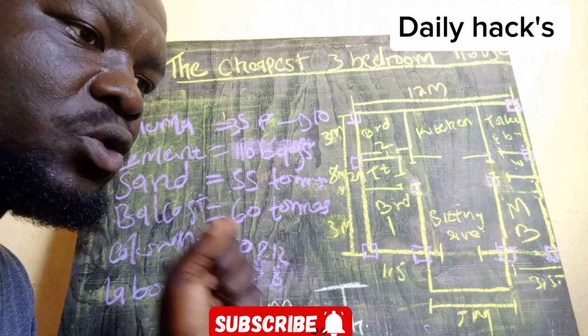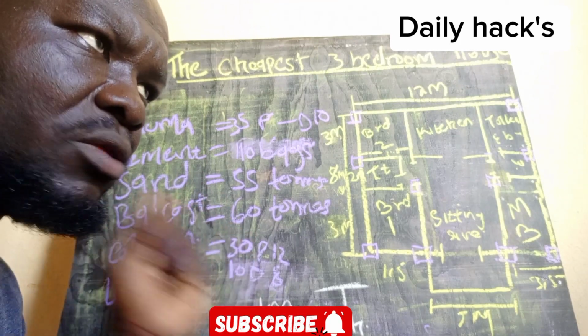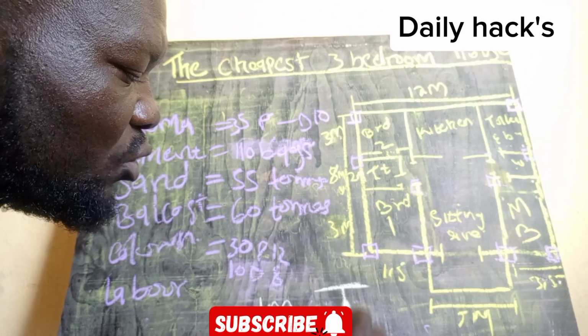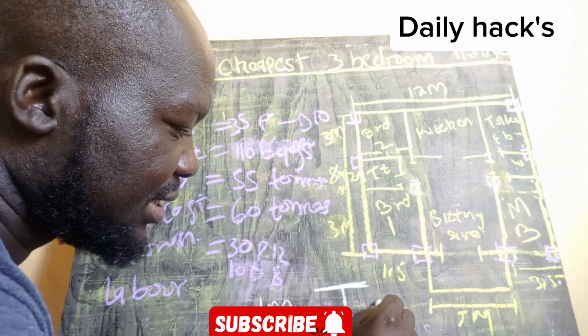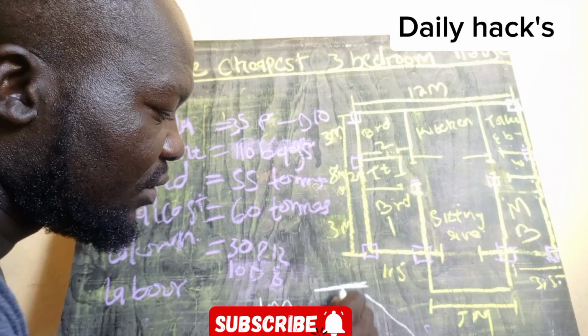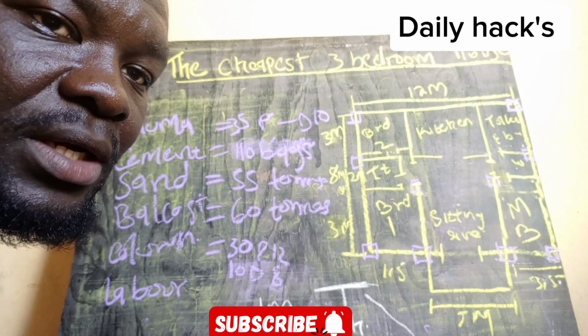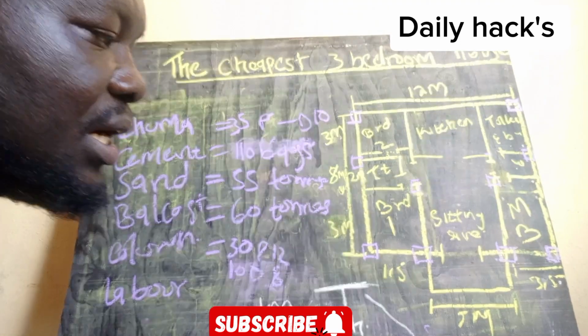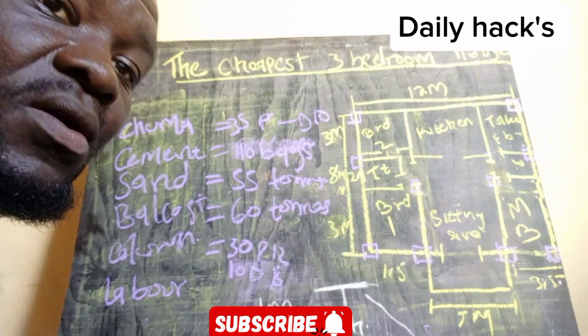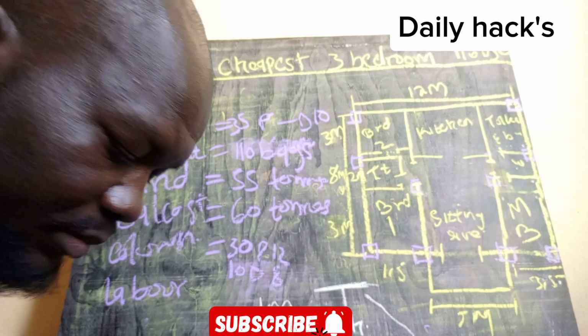So for you to be secure, your foundation should be higher than the road. Let's say the road is here, so your foundation should be higher than the road. So in this case, this house will build like 4 courses of foundation stones.